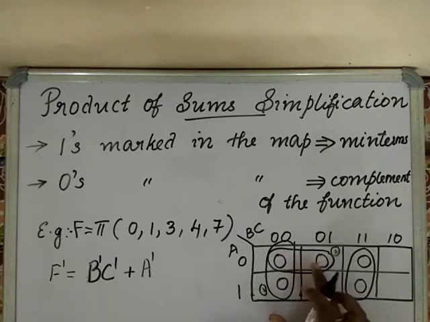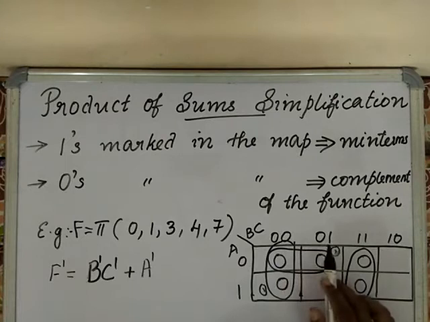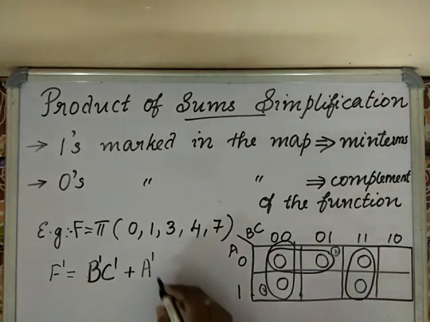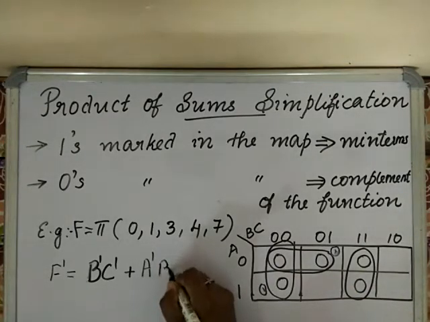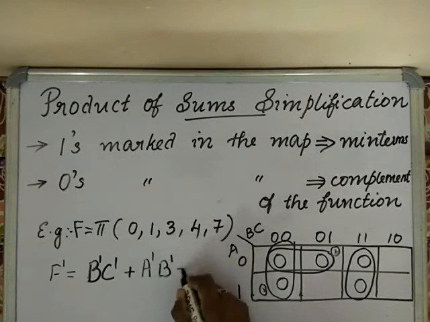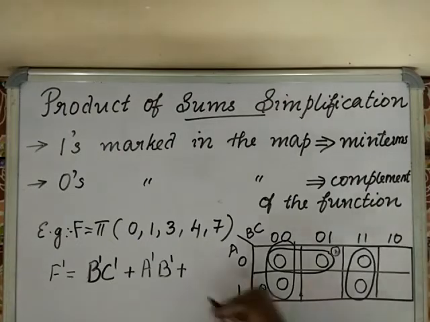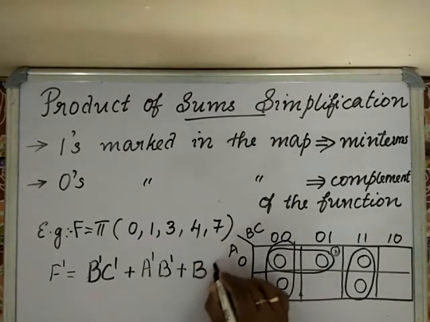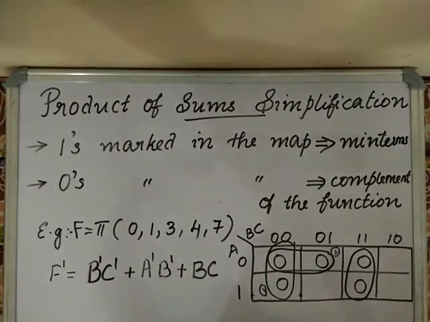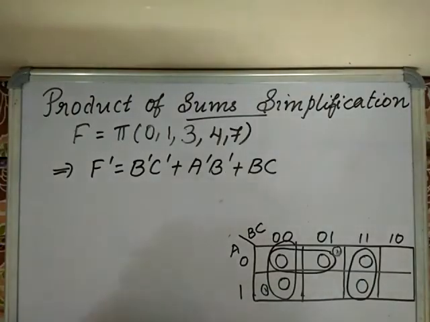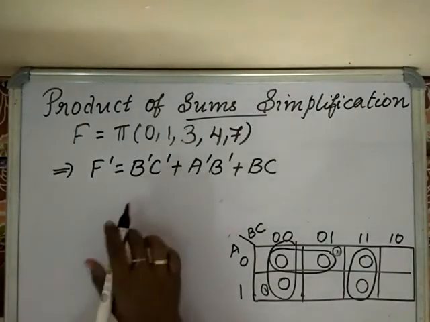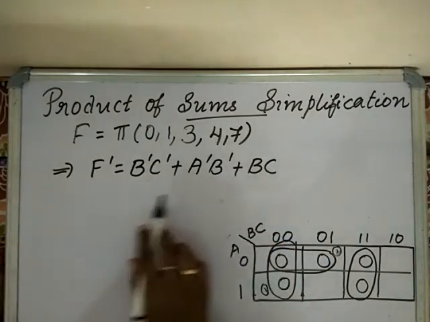We take the non-changing variable, here it is 0. So we will write it as A bar B bar, plus the third group, which covers the entire row. So we take the columns, and the column is BC. So this is the complement we obtain, and we know that this is a sum of product form.